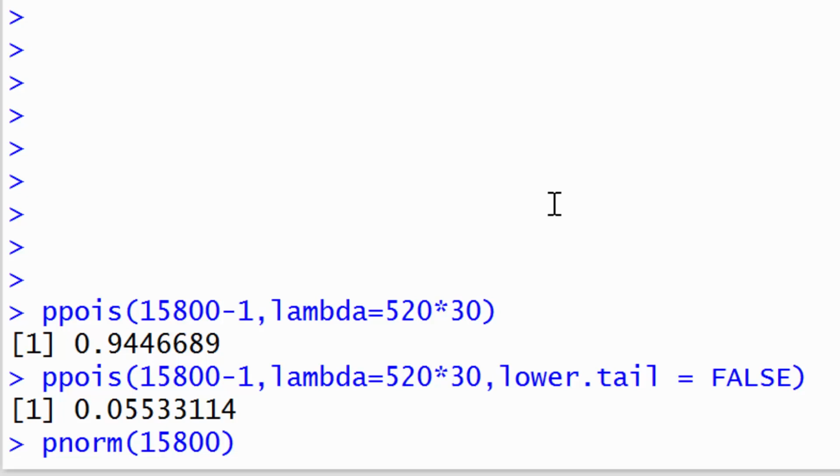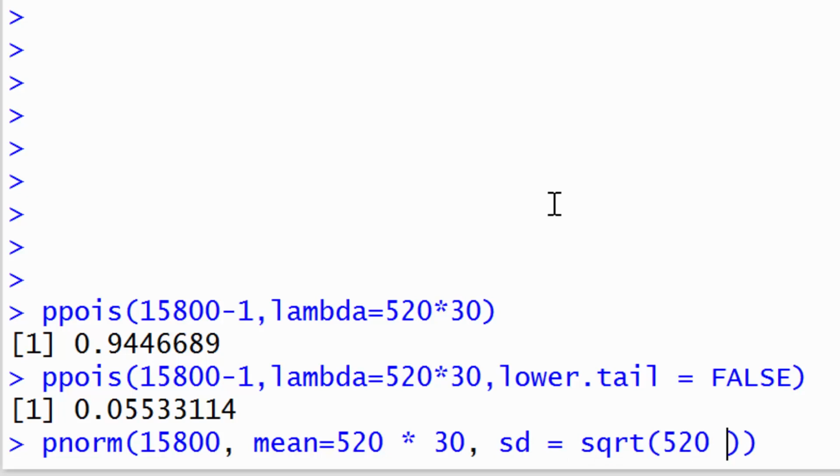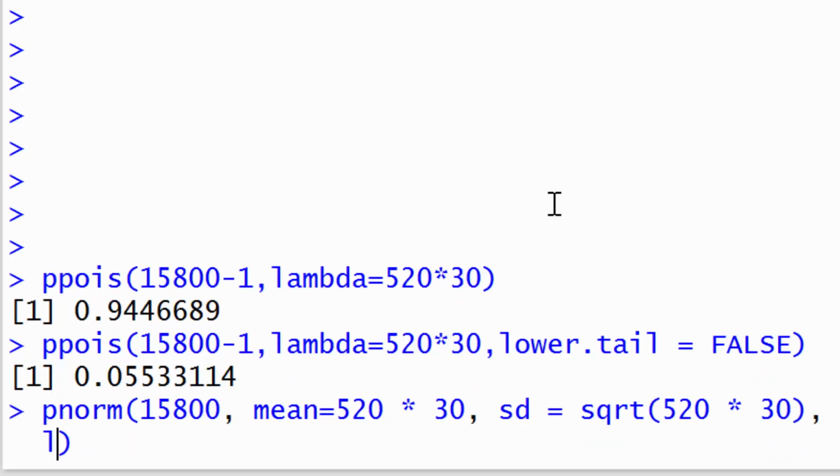We're already doing an approximation. We want the mean of 520 times 30, and the variance is 520 times 30, which means the standard deviation is square root of 520 times 30. And we want lower dot tail equals false.